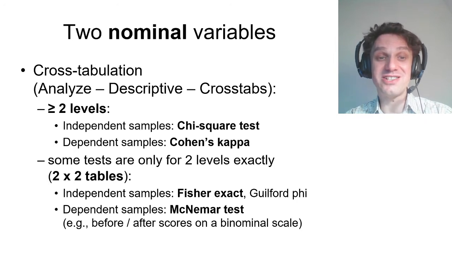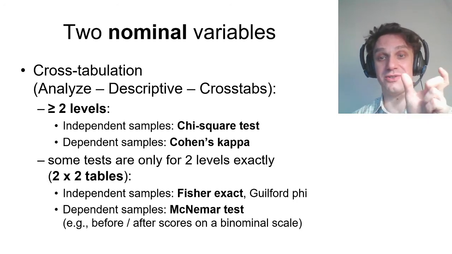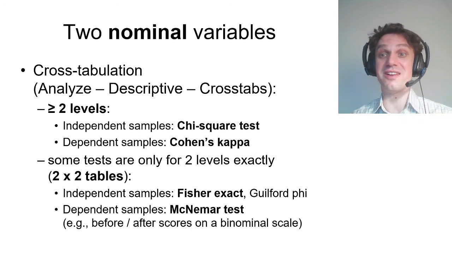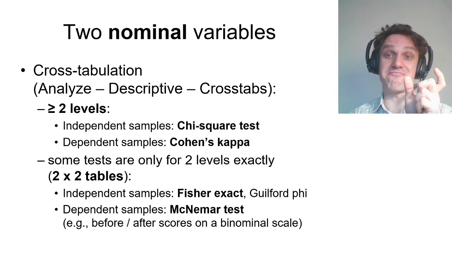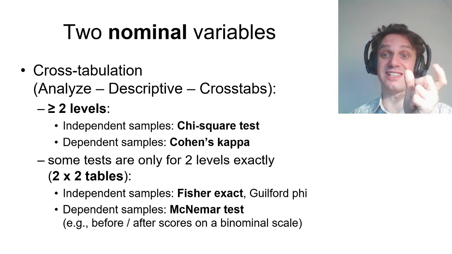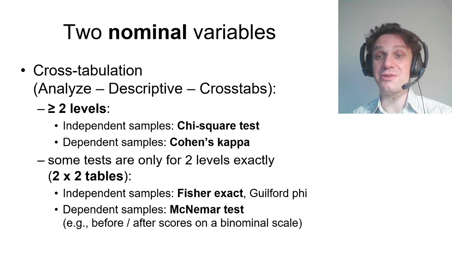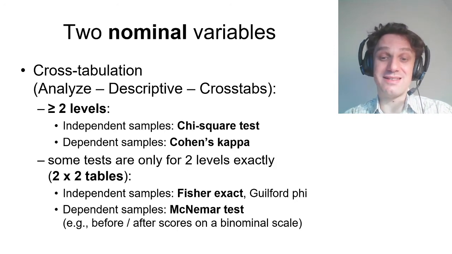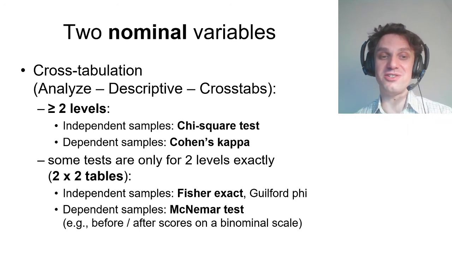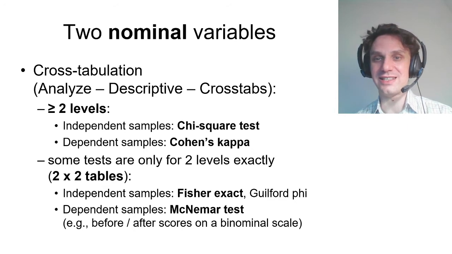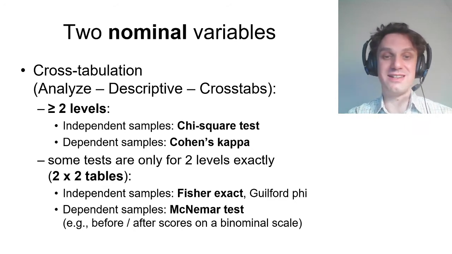And in some situations you have a table which has 2 levels and 2 levels on both variables. For example, male, female, and successful, not successful on some kind of outcome. And then you can use more simple statistics like Fisher exact probability or Guilford's phi correlation between 2 binomial variables to estimate this association or difference.